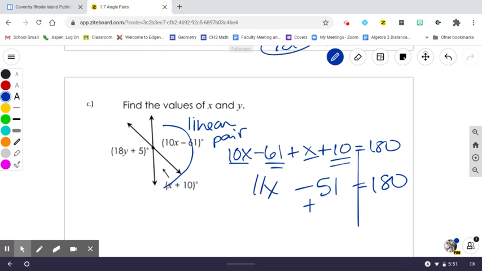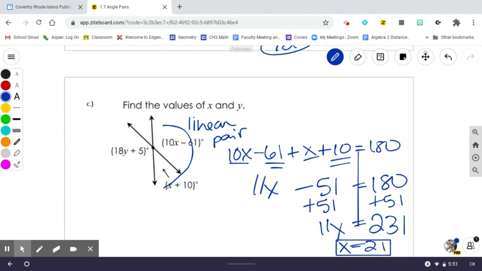And we're going to add 51 to both sides. So this is 231 equals 11x. And then lastly, divide 231 by 11, which is 21. Okay, so now that we know x is 21, we can use that to help us find y.